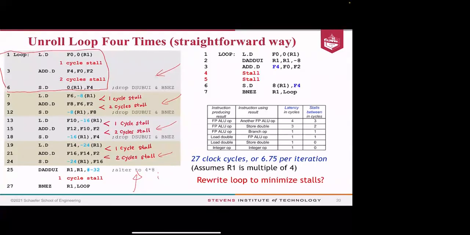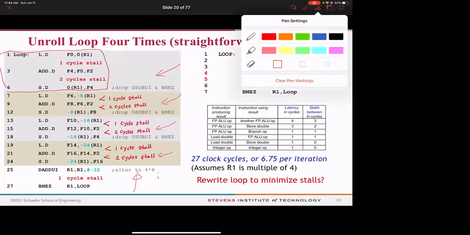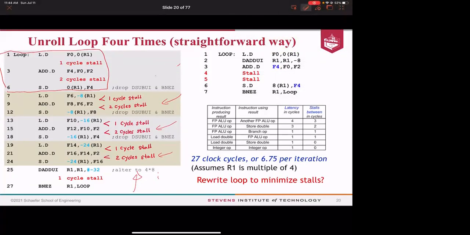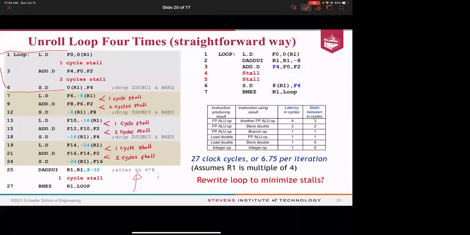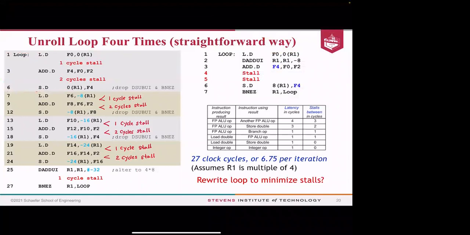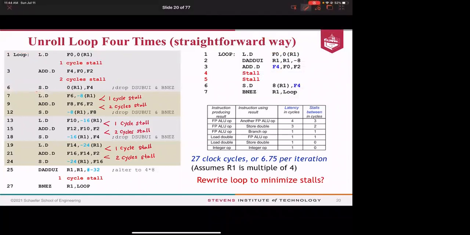Okay, coming here, so we have the unrolled loop. Why do we do loop unrolling? We want to reduce the overhead of the looping, right?